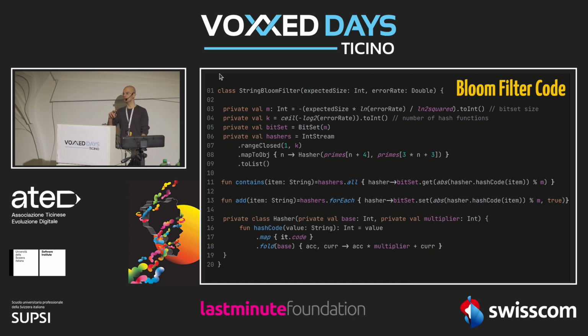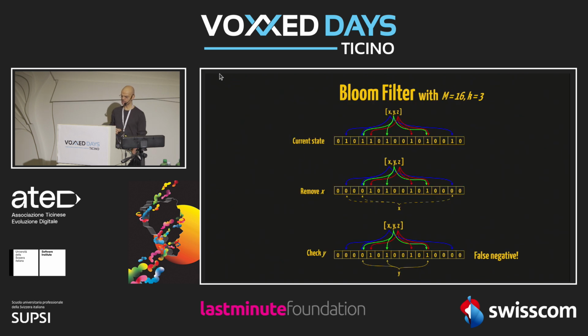Now we see 2 methods: contains and add. Usually there's also delete, but how could a delete work with the Bloom filter? Let's say that the current state is the last that we saw, with these 3 elements inserted, x, y, and z, and let's say that we want to remove x. If we want to remove x, we transform the ones into zeros, and what happens is that we remove the 3 indexes that we compute with the hash functions.